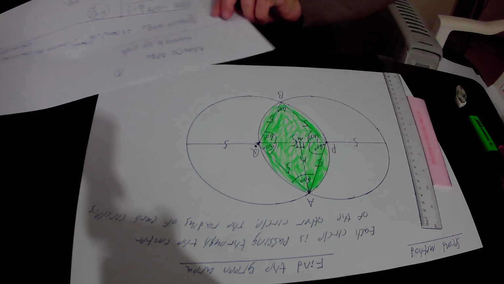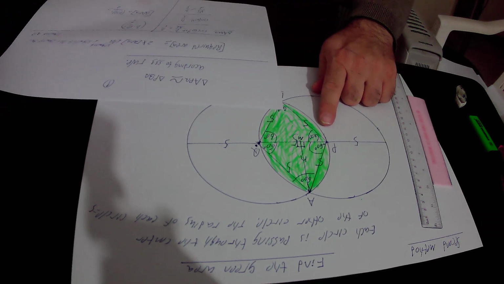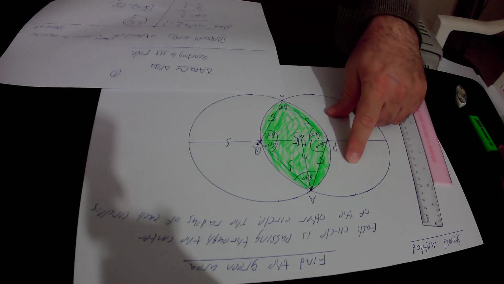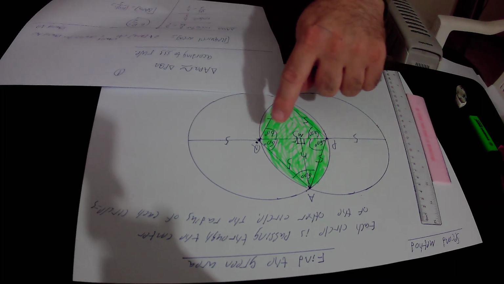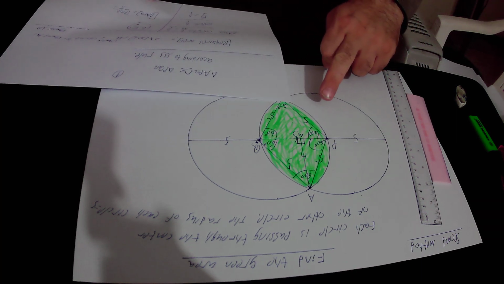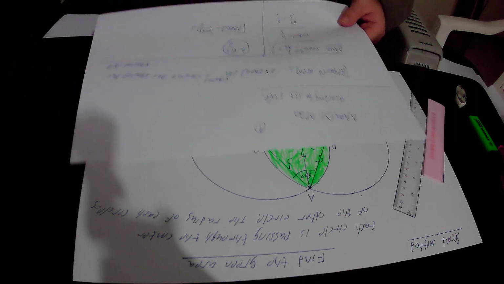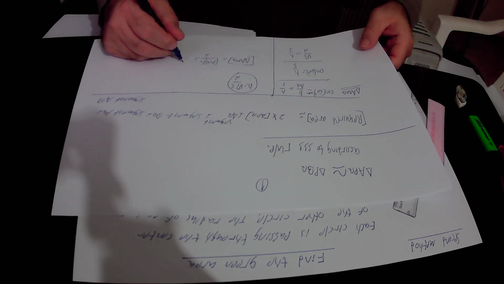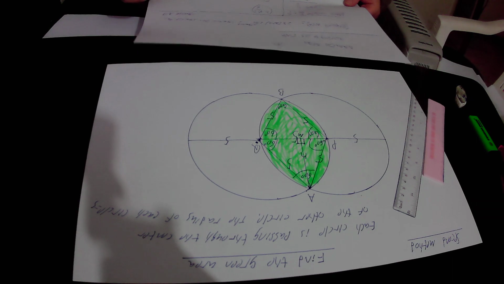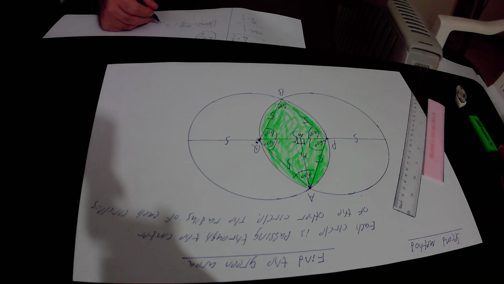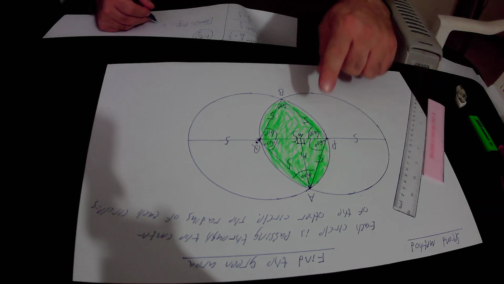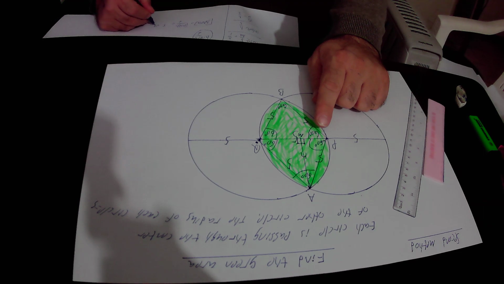But PQ is the radius of this circle because it starts from the center of the circle, that is point P, and ends at point Q, a point on the circle itself. Therefore, PQ equals 5 units. So it is 5 times the height, and the height H equals square root of 3 times 5 over 2, all divided by 2.